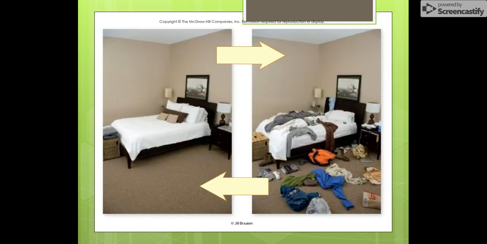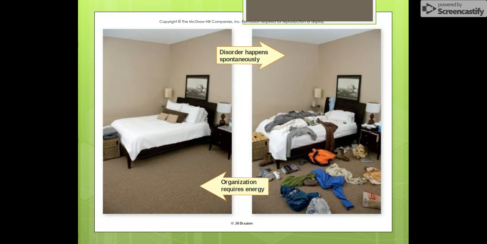And so here is kind of the go-to illustration of entropy. This disorder happens spontaneously. Just in your everyday life, your room becomes a mess. But in order to get it back to that organized state, you have to use energy to get it there.